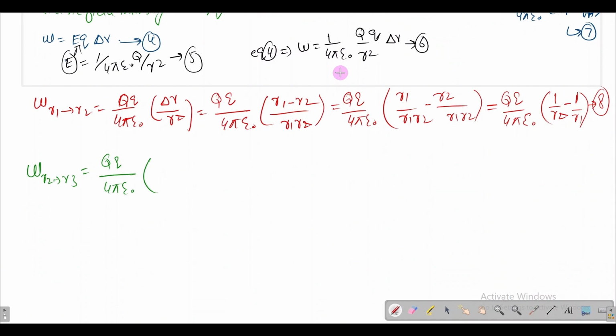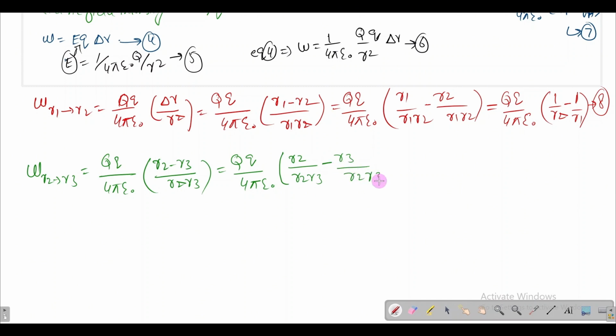R2 is greater than R3, therefore we can write R2 minus R3 divided by R2 R3, which is equal to Q by 4 pi epsilon naught, R2 divided by R2 R3 minus R3 divided by R2 R3.